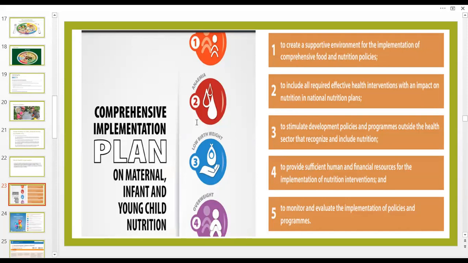It aims to create a supportive environment for implementation of comprehensive food and nutrition policies to include all required effective health interventions with an impact on nutrition in nutrition plans, to stimulate development of policies and programs outside the health sector that recognize and include nutrition, to provide sufficient human and financial resources for implementation of nutrition intervention, and to monitor and evaluate the implementation of policies and programs.